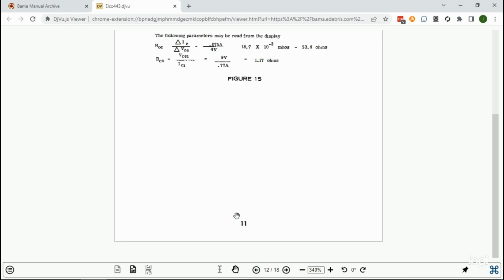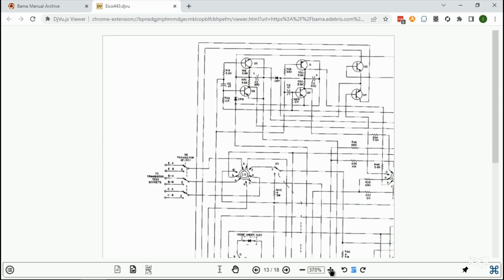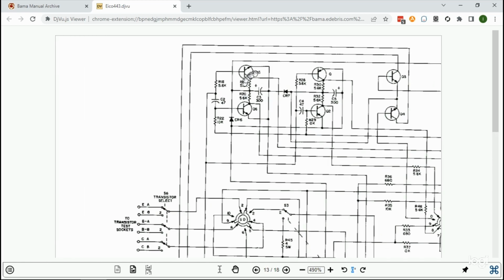One of the first things I did was check the component markings on the transistors to make sure they match, because I did relabel some of this stuff since it wasn't too legible here and there. Some of it, like Q1, is missing the 1.